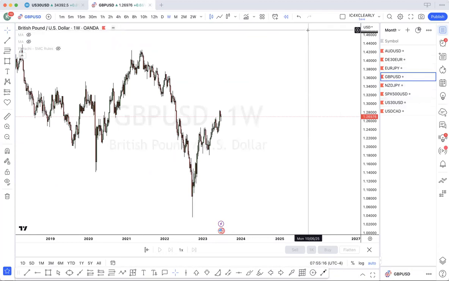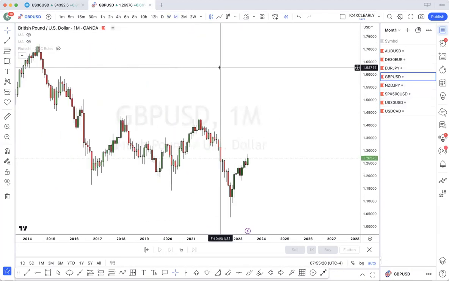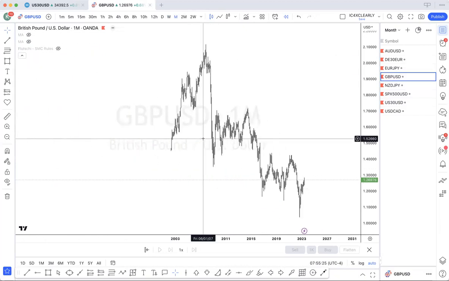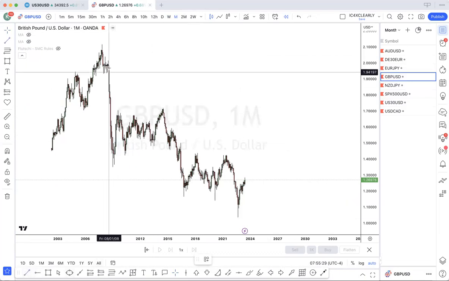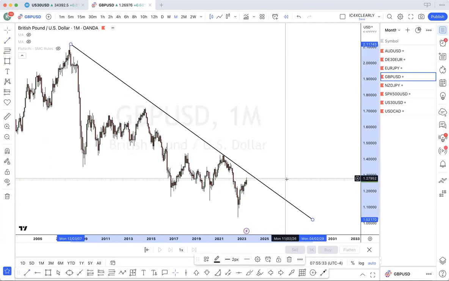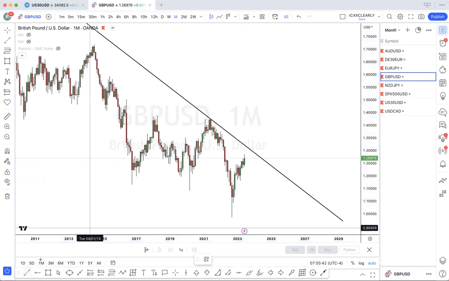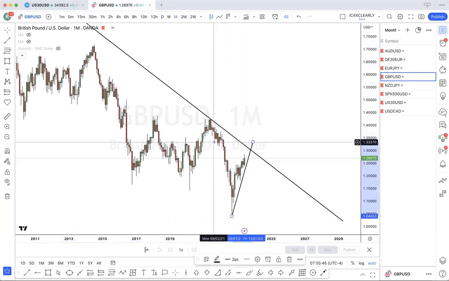We have GBPUSD for the month. We have a bullish order block. Price is currently, although overall it is bearish, currently bullish. Overall is bearish. Okay. But price, as we can see, let's go down, as we can see, price is bullish here.